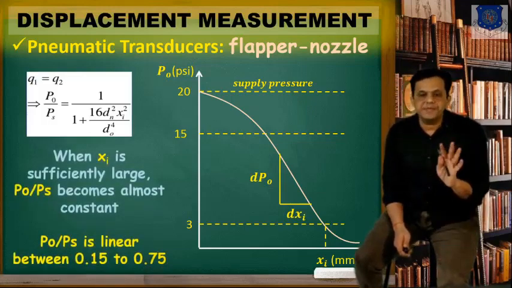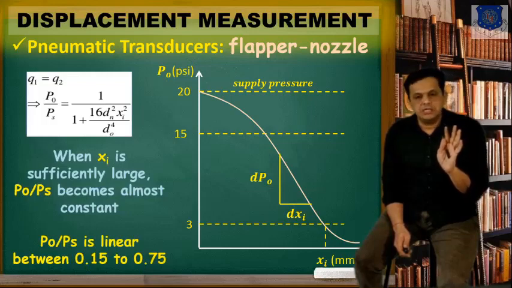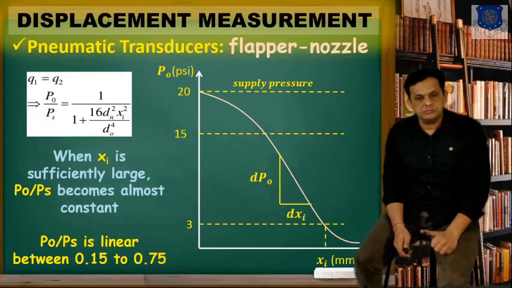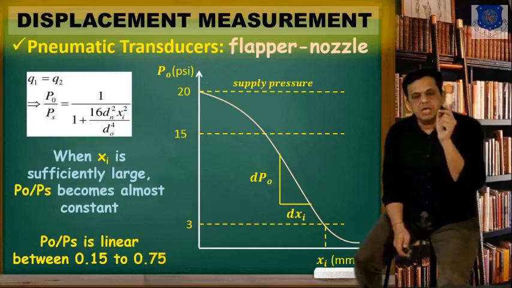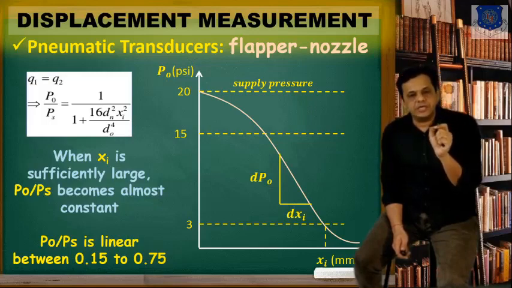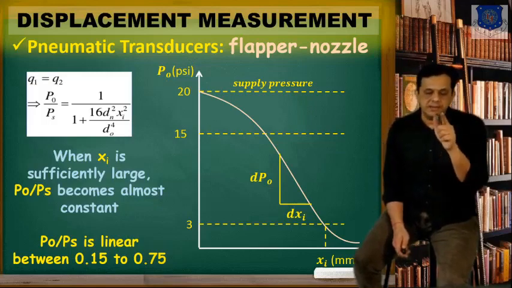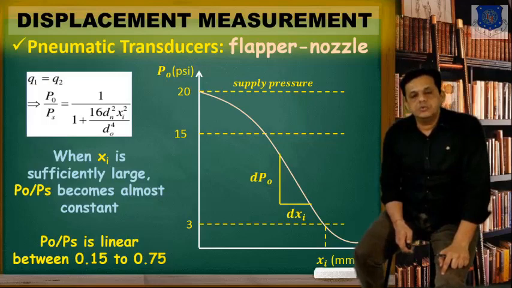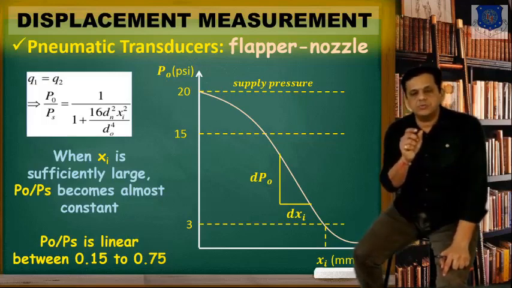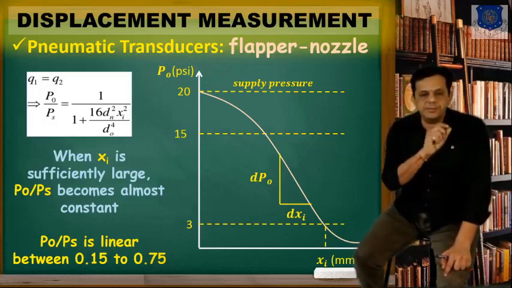So when Xi is sufficiently large, PO by PS becomes almost constant. So there is always a limited range within which we can work to measure the displacement, and definitely this will be utilized for a small amount of displacement to be measured.